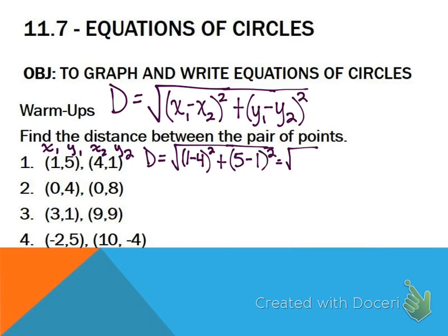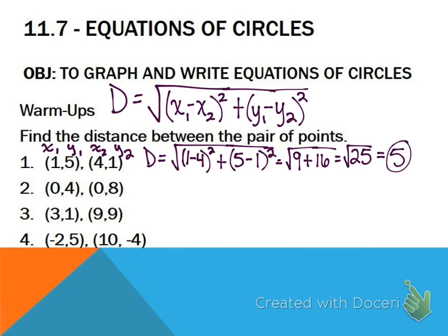And when I square a -3, what do I get? Positive or -9? Positive. A negative times a negative is a positive. And then in the back, I have to take 5 minus 1. 4. 4 squared is 16. When I add 9 and 16, what do I get? 25. The square root of 25 is 5. So that's my distance for number 1.